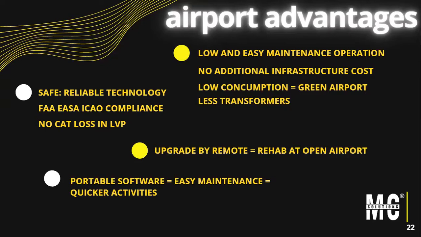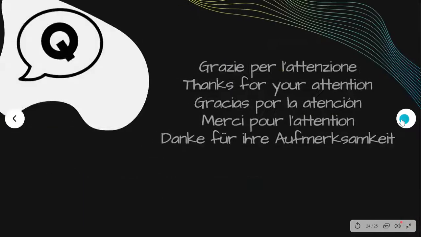Safe: we offer a reliable technology. We are in compliance with international regulations, and the airport does not risk losing their category in LVP, low visibility procedure. The upgrade is made remotely, so we can work at an open airport, and the software is available on portable devices, so you can manage your maintenance activities in a quicker and easier way.